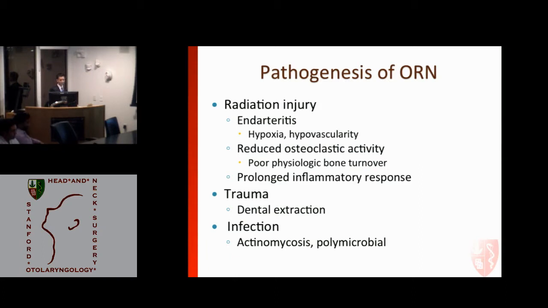Okay? So dental extraction is the classic example. And not all ORN cases are preceded by some traumatic event, which we'll talk about in a moment. Infection is the norm. It may not necessarily be the inciting factor that causes ORN, but it's sort of concomitantly present in almost all cases.